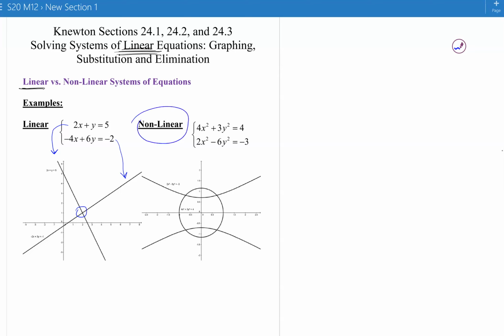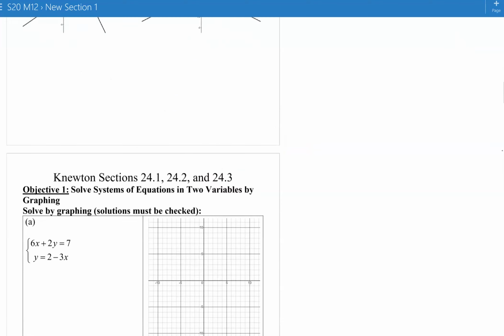As soon as we say nonlinear, then we're allowing any kind of shapes in. So in fact, hopefully you recognize these shapes as an ellipse and a hyperbola. And you can find these 4 points of intersection using similar strategies as solving linear equations.